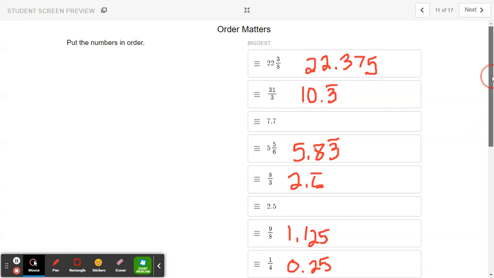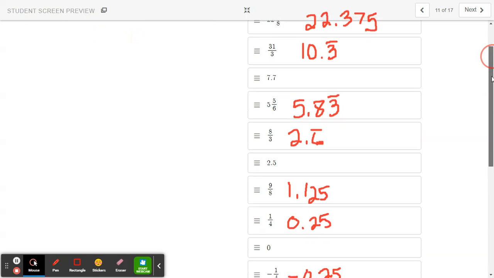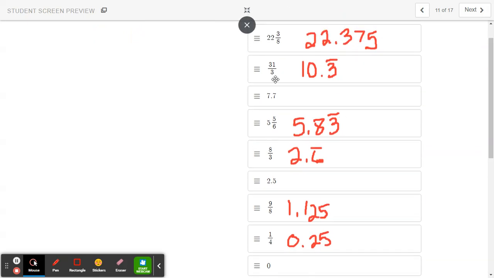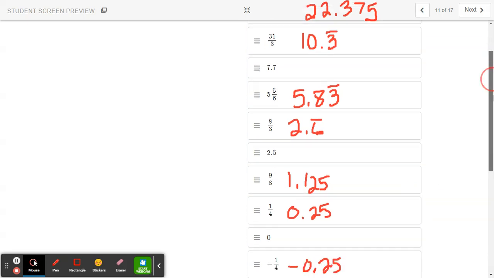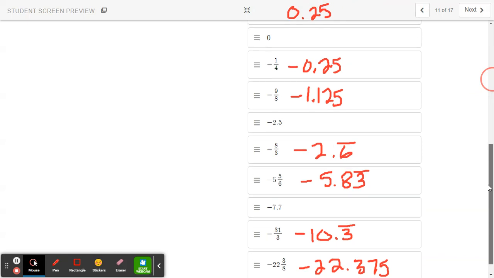Okay? If you converted these to decimals with the whole numbers, they should have been fairly straightforward on the positive end, right? They're kind of easy to put in order once you have those decimal versions. But when we got to the negatives, just try not to get too confused. Remember it's almost like when you get to zero, as we go further down, it's almost like you're counting up again, right?